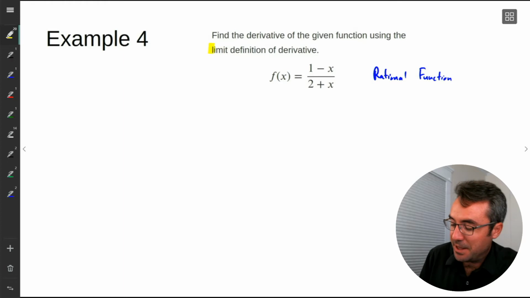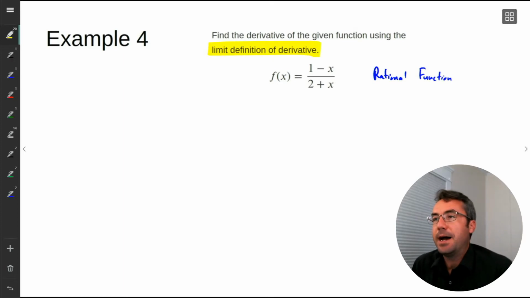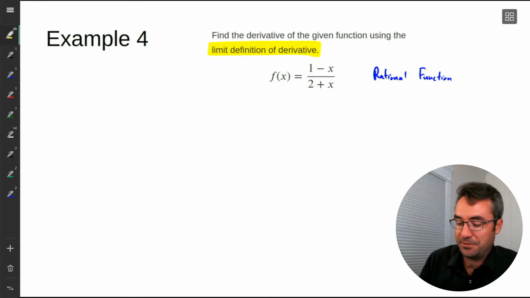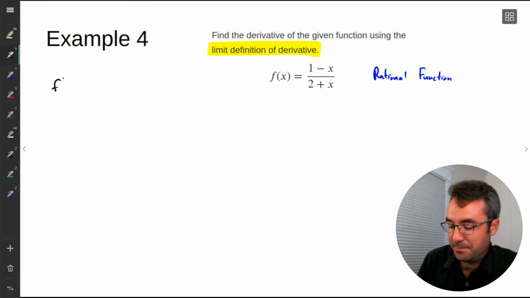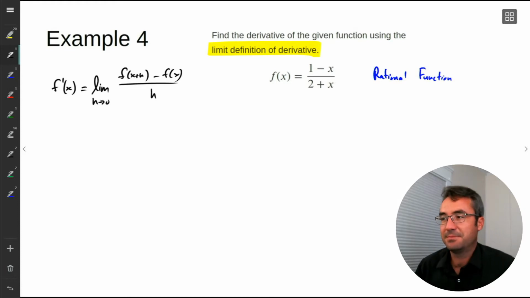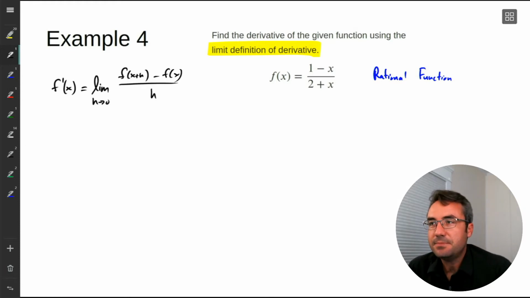So as soon as we see that, we write down the definition of derivative. f prime of x is equal to the limit as h goes to 0 of f of x plus h minus f of x, all over h. Okay, we got our definition down.